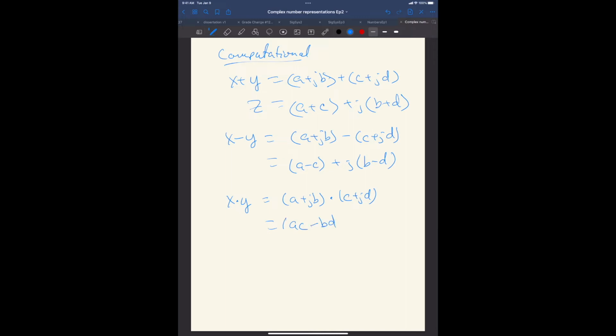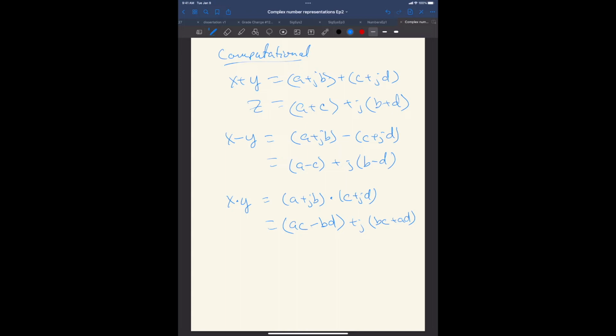That's the real part. And then the cross terms are bc and ad.